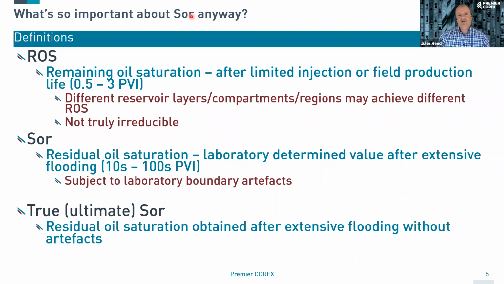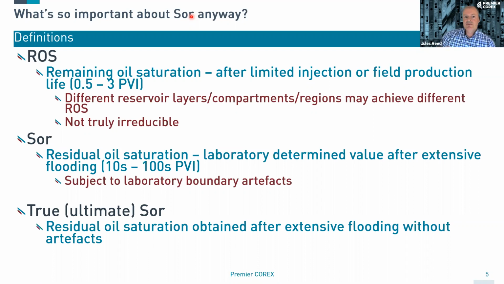And that would be generally true of field injection processes, that we have a limited volume of injection, and with different reservoir layers and compartmentalization, different regions, different areal flow, sweep efficiencies, then we could observe different pore volumes of throughput in different areas. But overall, the reservoir sees a fairly limited injection volume.